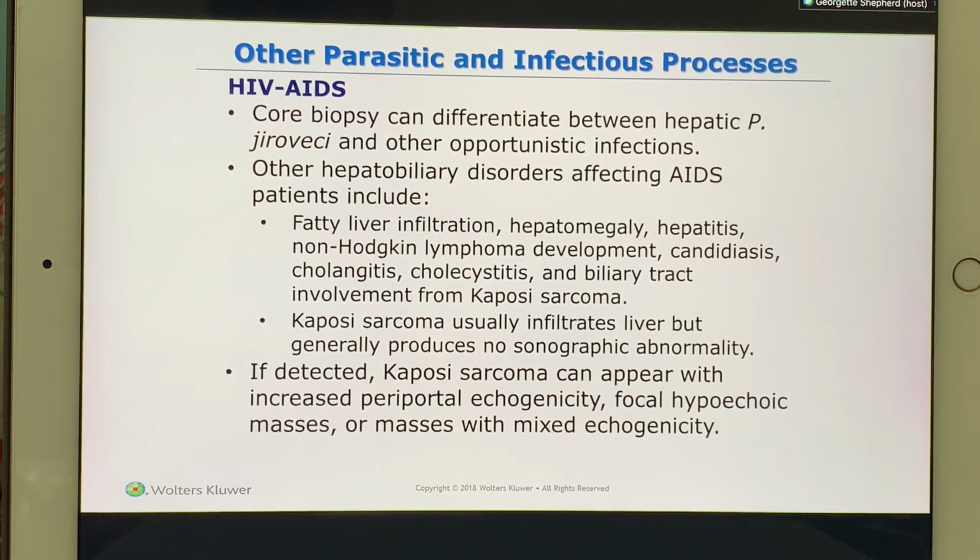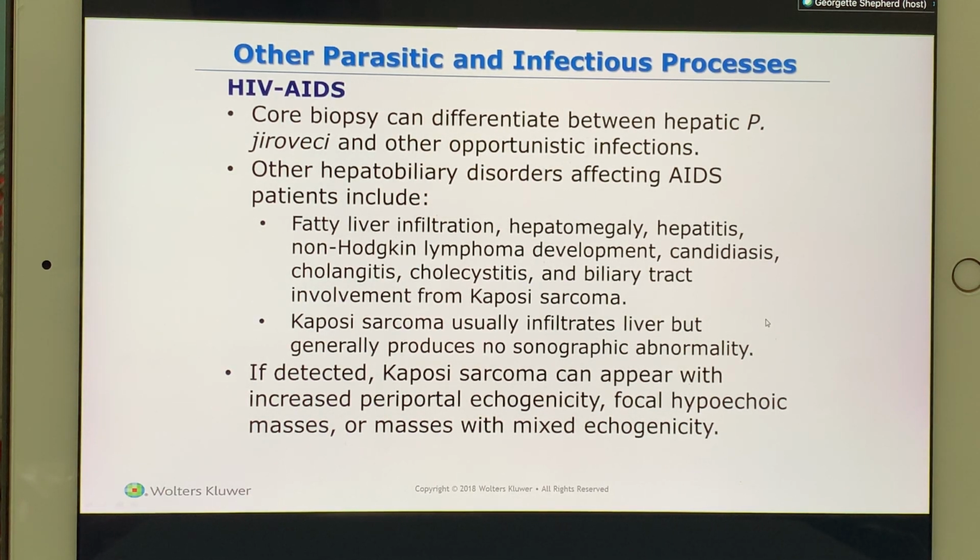You can have non-Hodgkin's lymphoma. You can have a fungus called Candida. You can have cholangitis, where you have biliary obstructive disease, cholecystitis, where you have inflammation of the gallbladder. You can also have Kaposi sarcoma, which happens on the skin due to AIDS.